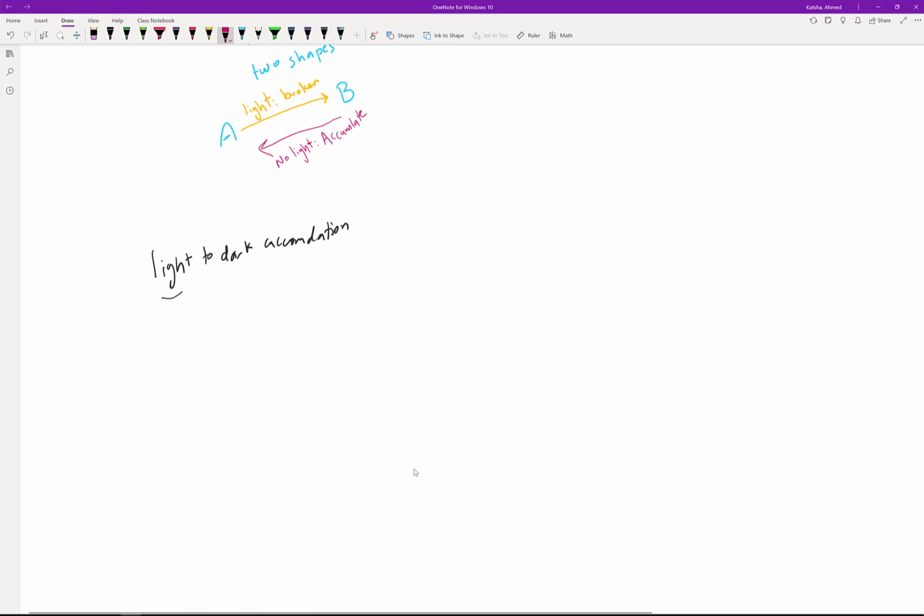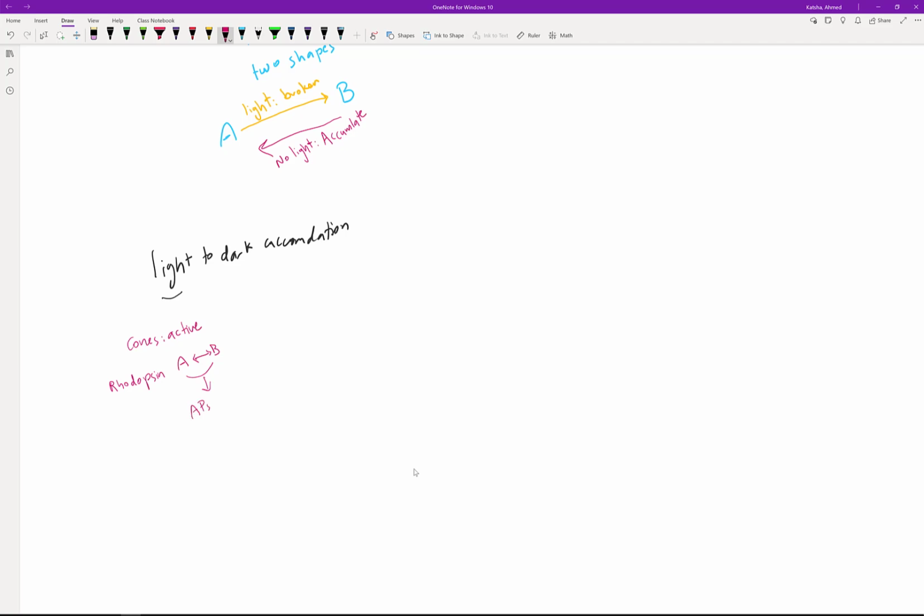So in bright light, what do we have? The cones are active because it's strong light. What does it mean for the cones? It means rhodopsin is constantly changing between A and B, and because of this change from A to B, we are constantly inducing action potentials in the cones.